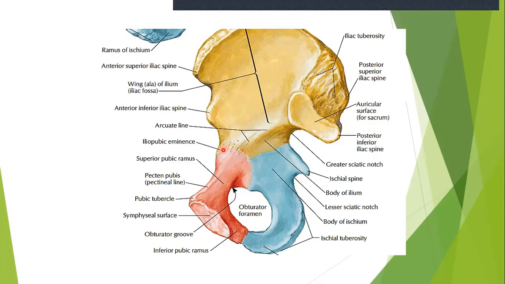Where the superior pubic ramus meets the ilium, we have an eminence, the iliopubic eminence. Then we have a line which runs from the auricular surface towards the iliopubic eminence, known as the arcuate line. This is the medial surface of the pelvic bone.